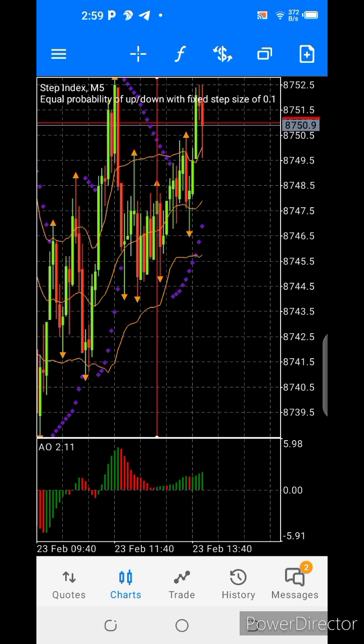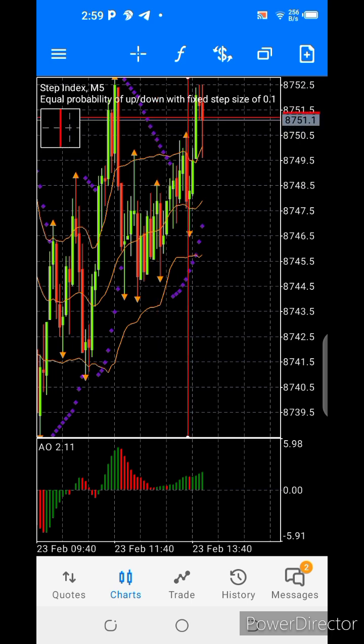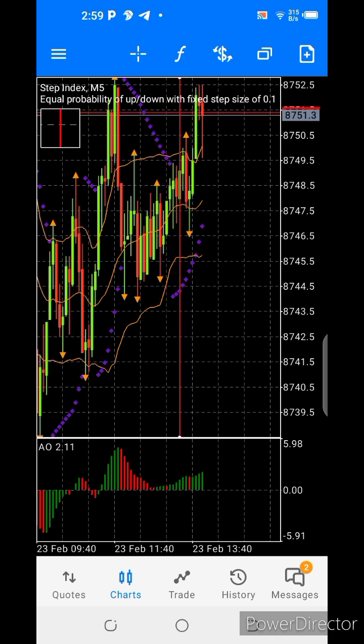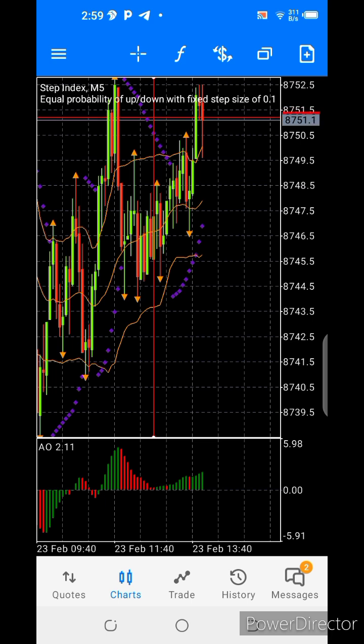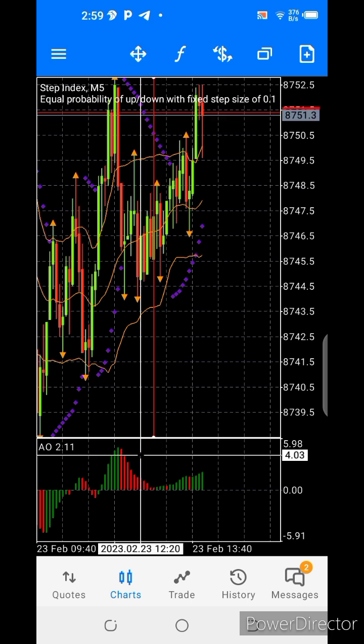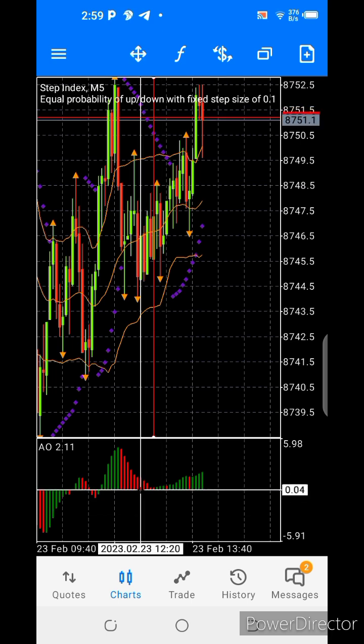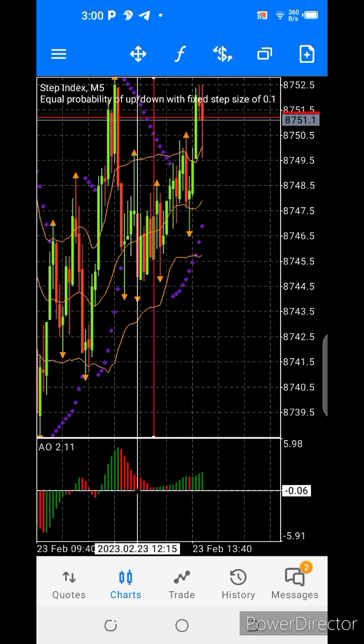Looking at the last fractal here, let me focus on the awesome oscillator. You can see that the awesome oscillator is above my zero line. Please just catch the message. It is above the zero line.